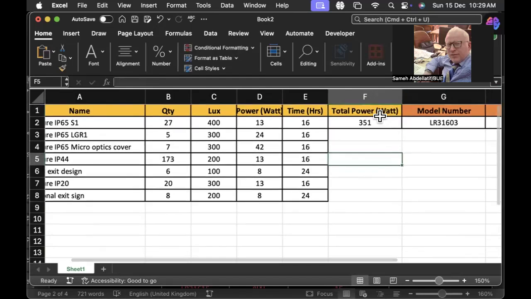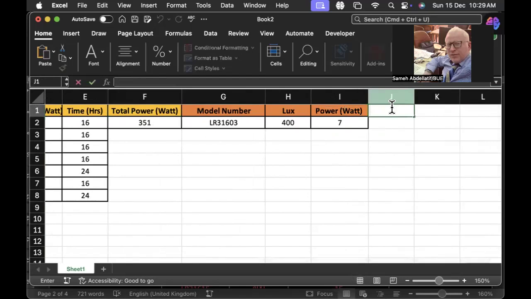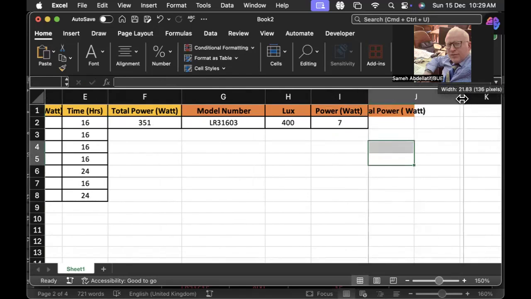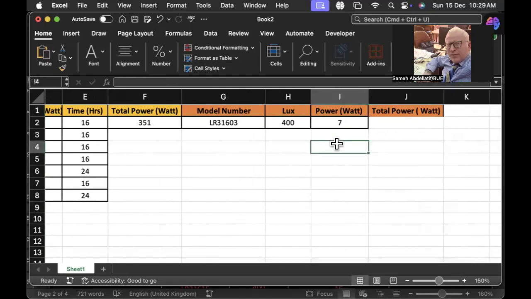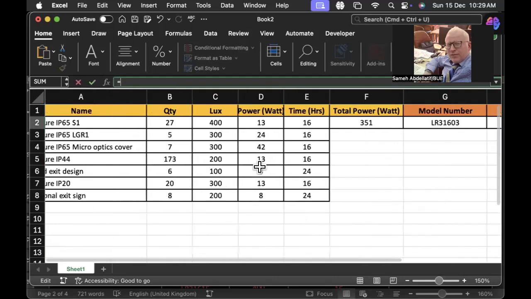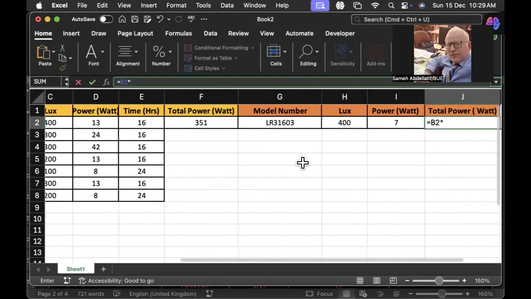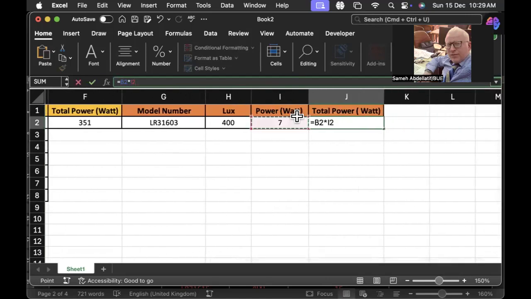Okay, so this is the wattage I need here. The same applies to the alternative: it equals the same quantity, 27, times the power, which is 7.